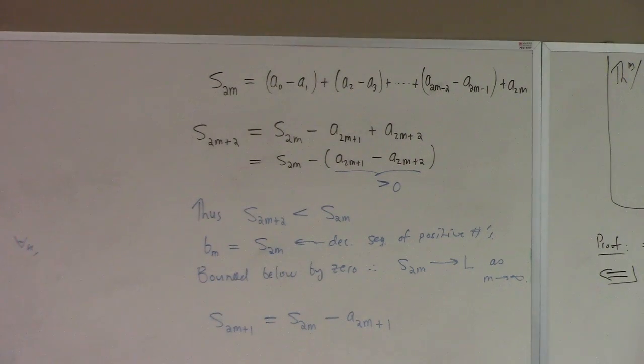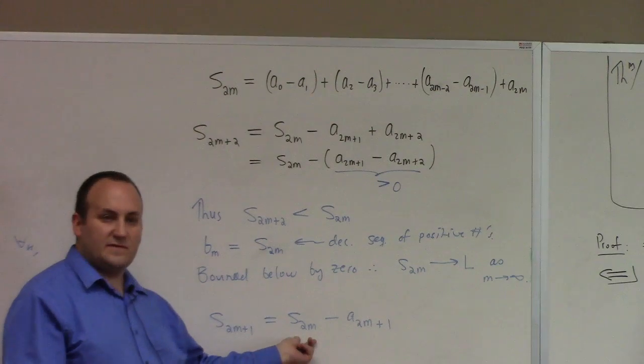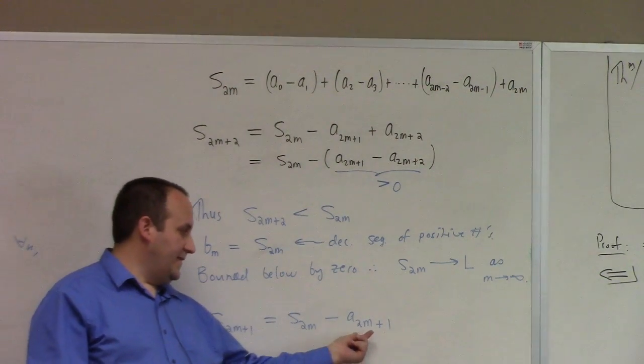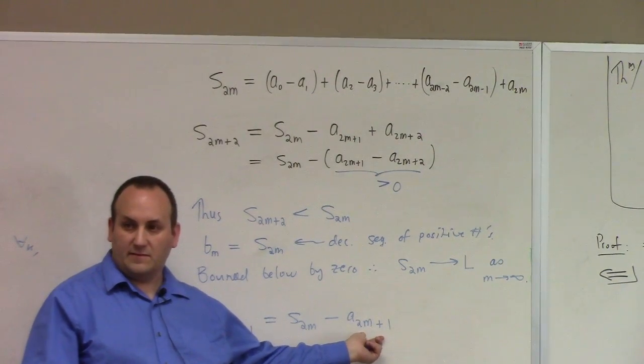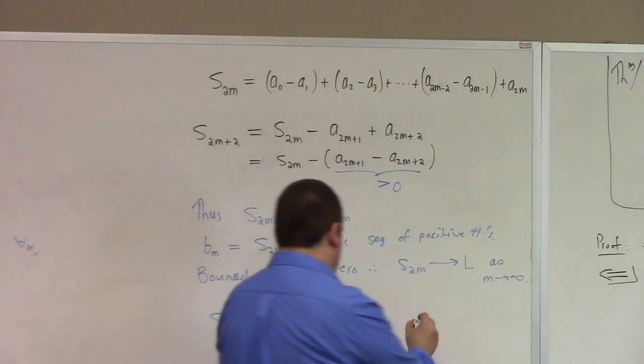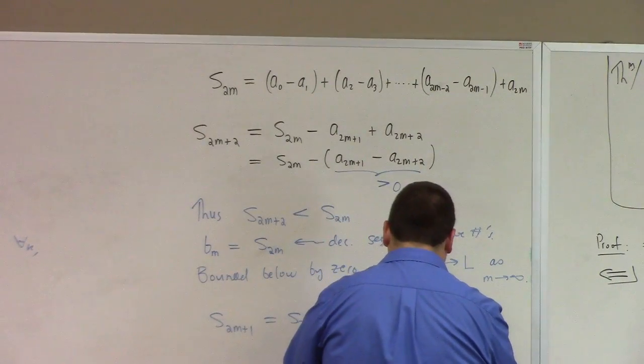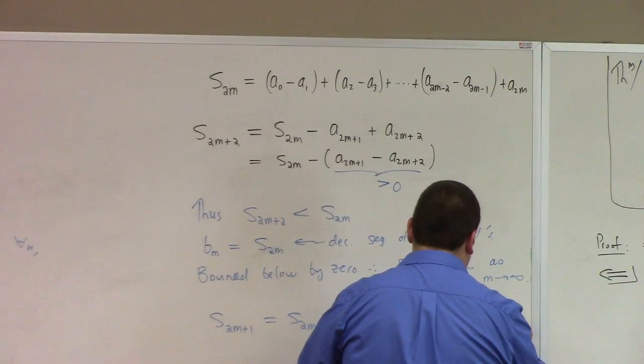So the odd partial sums are related to the even partial sums in this simple way. So what? So this converges, right? And what happens to this as m goes to infinity? We're assuming that this goes to 0, right? So think about it. This must go to L as m goes to infinity.